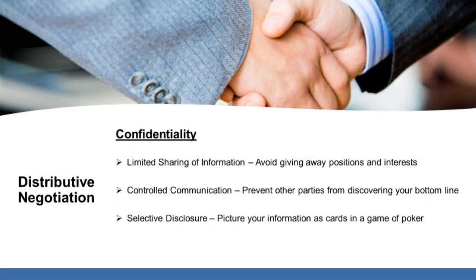Here we can see how distributive negotiation principles apply to confidentiality. Firstly, limited sharing of information. So in distributive negotiations, parties tend to share limited information to avoid giving away their positions or interests.